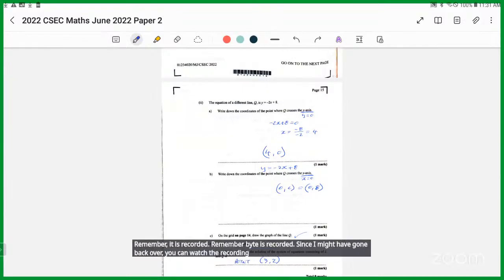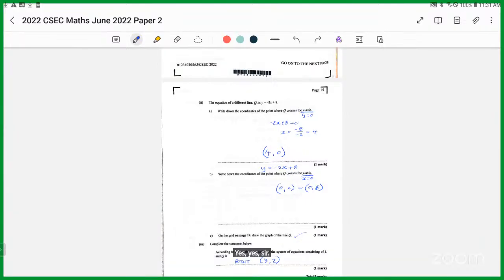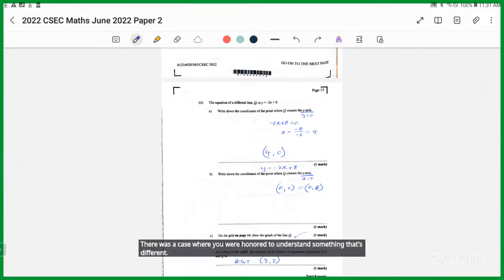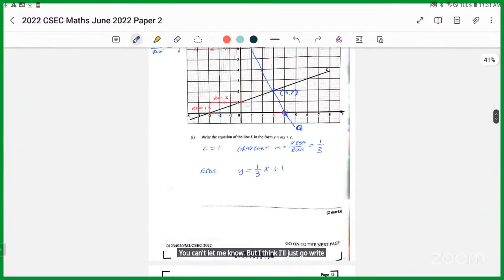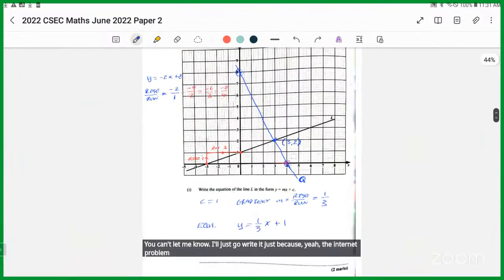I prefer to move on to another question, actually. Yes, sir. Right, I can go back over it because of that. If it was a case where you were on and don't understand something, that's different. But it is recorded. If when you watch the video, you don't understand something, you can let me know. I can't just go over it because you had internet problems, because other persons are here as well. Remember, it's not me and you alone here.